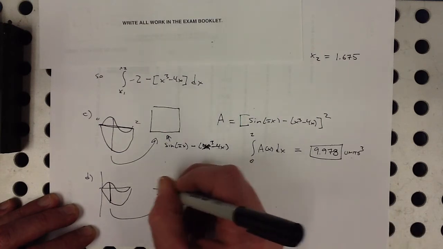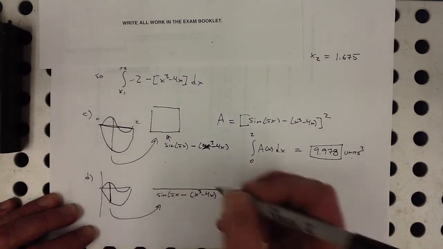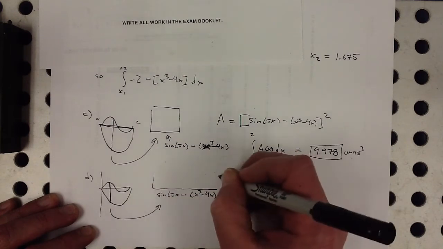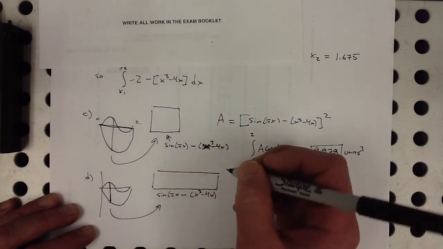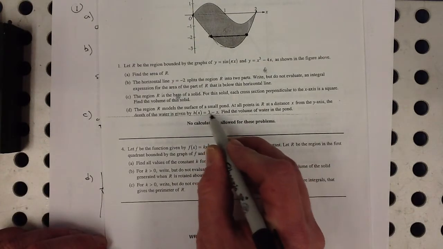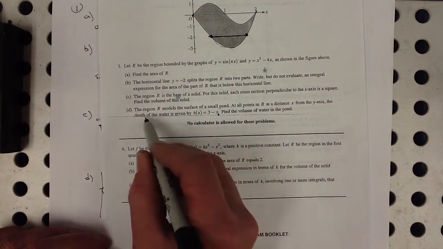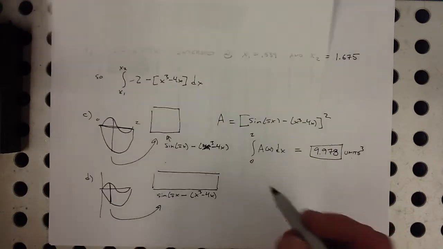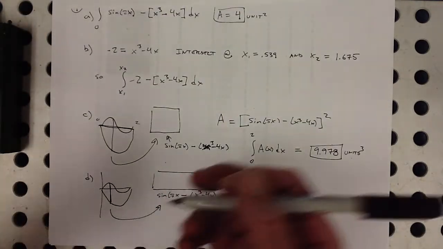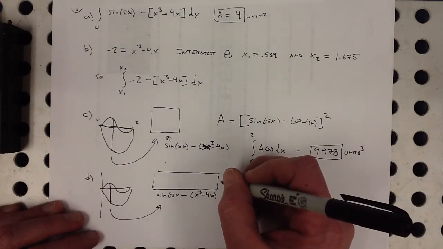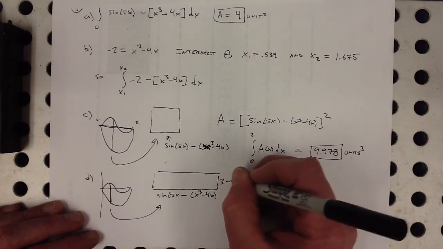But now they're telling us, that's this dimension, right? The depth here is 3 minus x. Right, the depth of the water. So that's like the height of the rectangle, if you want to think about it that way. Depth, height, same thing. So that's 3 minus x.